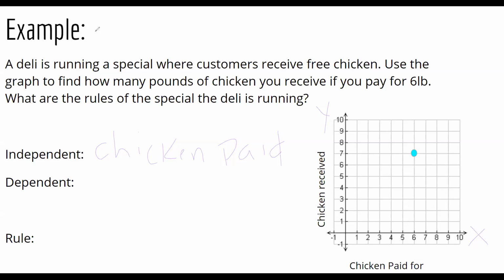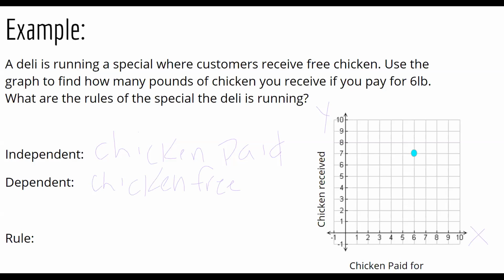If I pay for a certain amount of chicken, I'm going to then receive some for free. So how much I get for free depends upon how much I buy. So my dependent would be chicken free. How much chicken I get for free depends upon how much chicken I actually paid for.